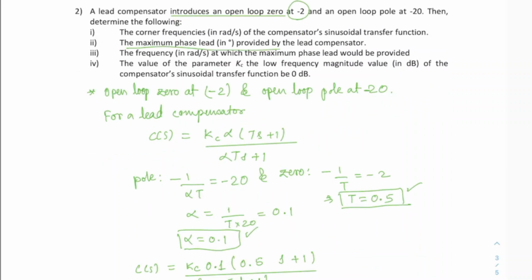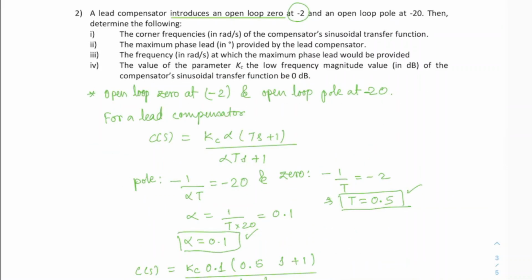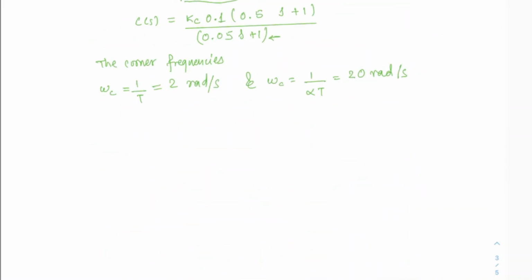Now we have to find the maximum phase lead in degrees provided by the lead compensator. So maximum phase lead, which is Pm. So sine of Pm is 1 minus alpha over 1 plus alpha.